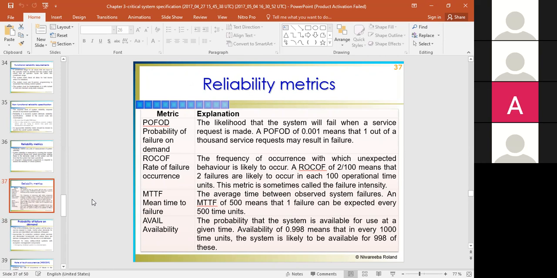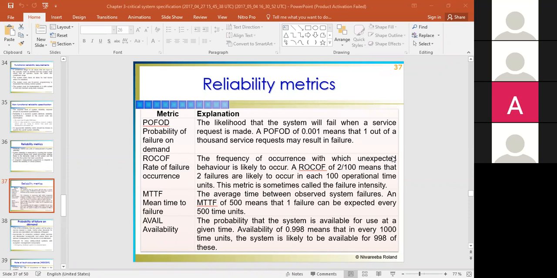For example, a ROCOF of 2 out of 100 means 2 failures are likely to occur in each 100 operational time units. The operational time units may be abstract, but they vary, as I will explain.